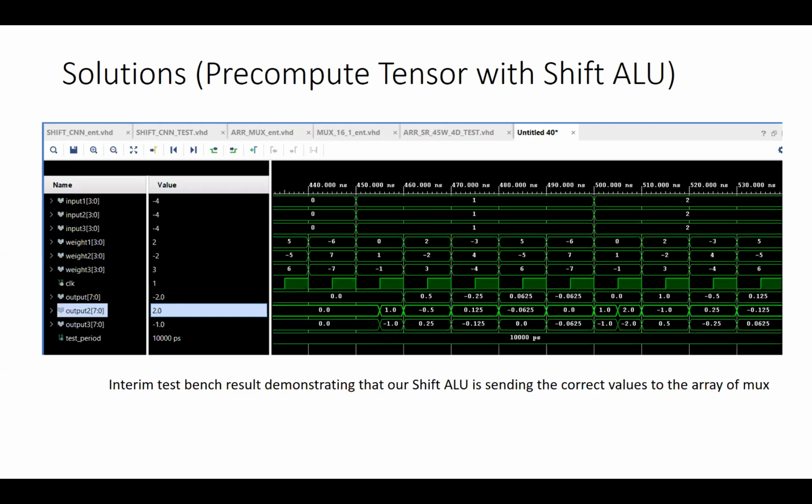Again, if your input is -4 and your weight is -2, then your output is 2, which is basically like you just do a sign flip and you get 2. Then again, if your input is -4 and your weight is 3, then you get a -1. So I guess you have an idea of what is going on here.